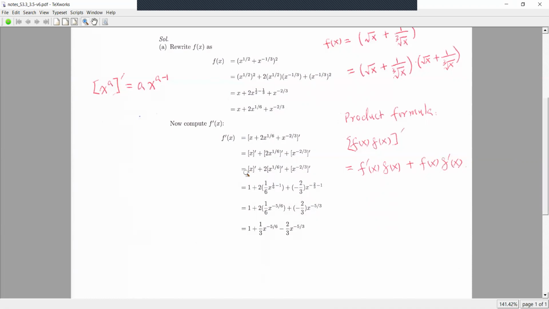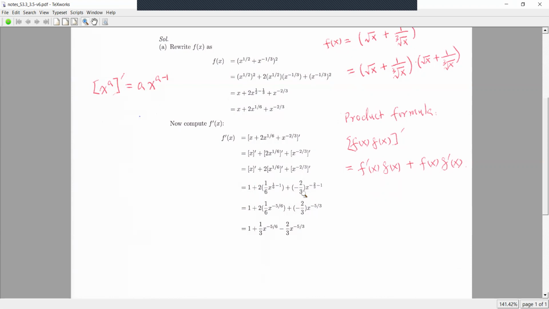Now, derivative of x is 1. Derivative of the power function x to 1/6 is 1/6 times x to 1/6 minus 1 by this formula. Derivative of the power function x to -2/3 is -2/3 times x to -2/3 minus 1 by this formula.